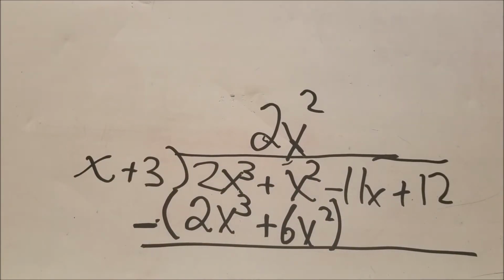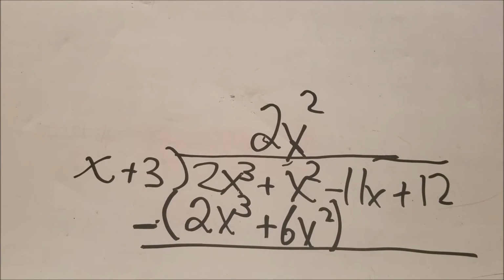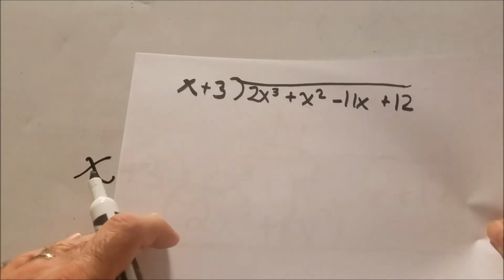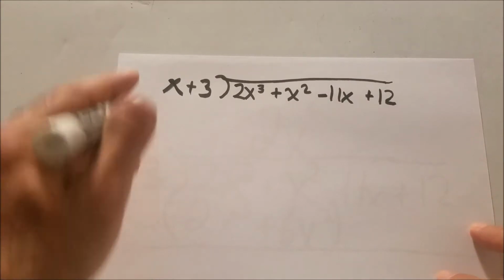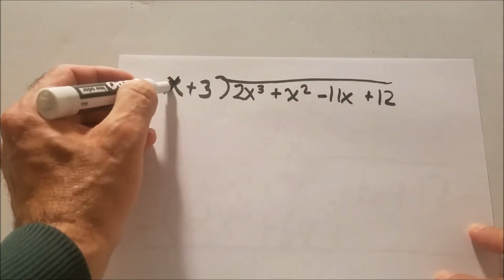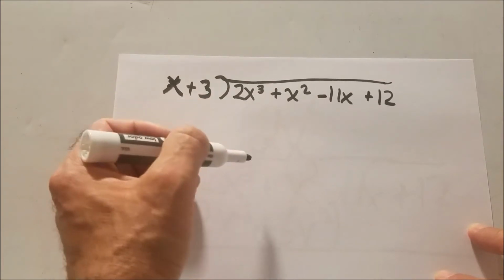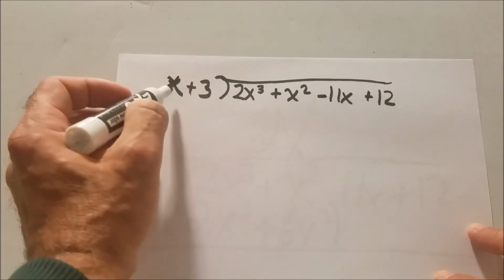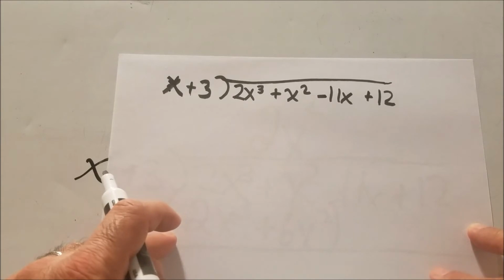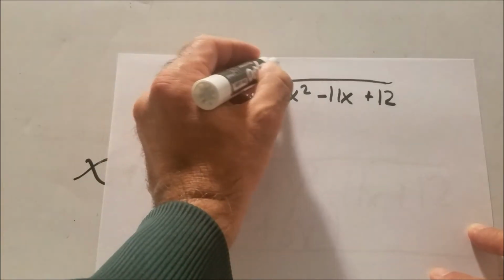Since we ran out of room, let me redo this. All right, so let's bring this down here. It's easier to see. Again, we're using the first term in the divisor, x, and the first term in the dividend, 2x cubed. I need to know what number times x will give me 2x cubed, and we say 2x squared. And I'm bringing it right up there.